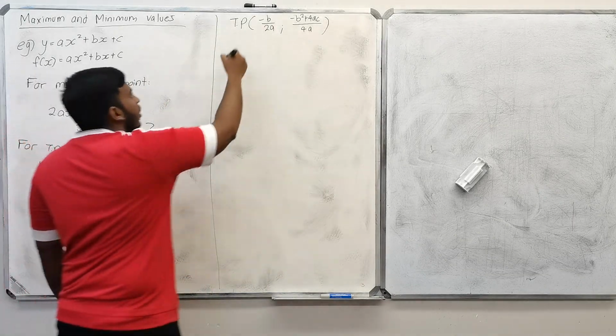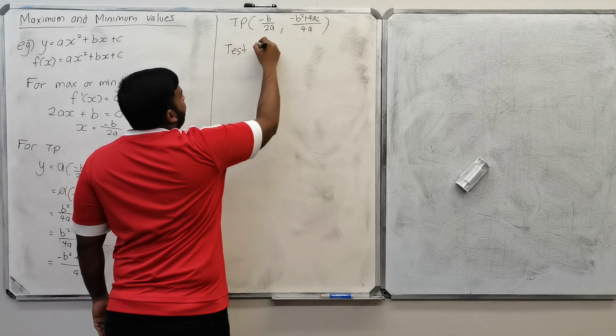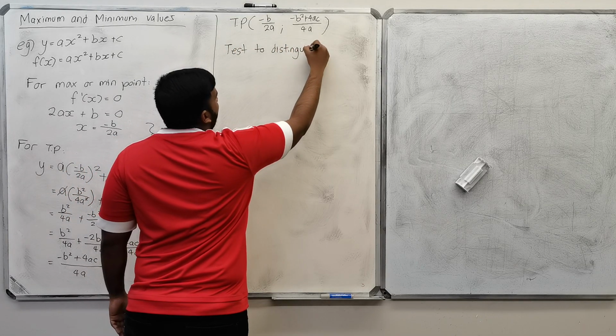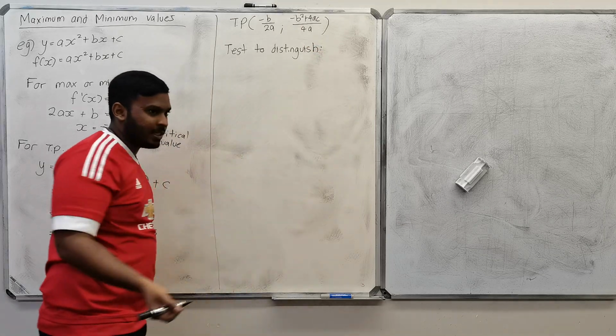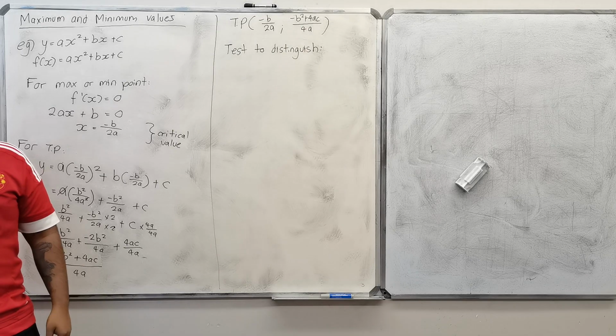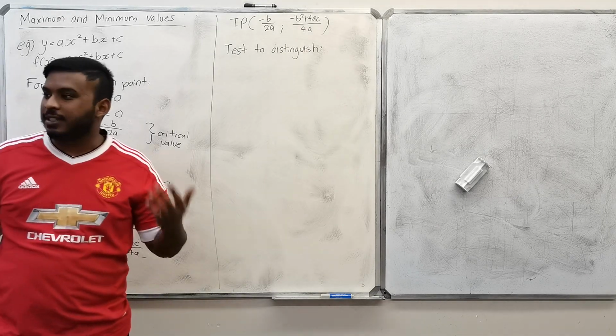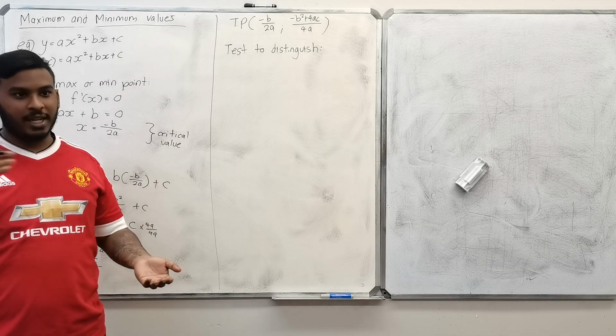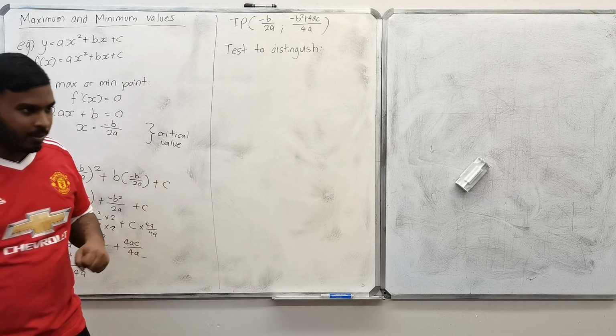So to do that, you have to do a test to distinguish whether it's a minimum or a maximum. And what is the test? If your second derivative is less than 0, you have a maximum point. If your second derivative is greater than 0, you have a minimum point.